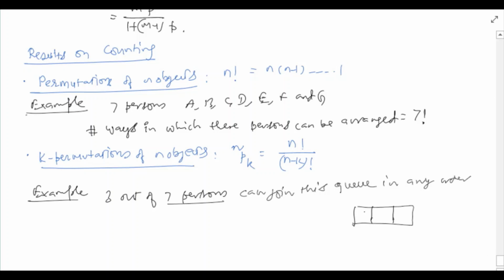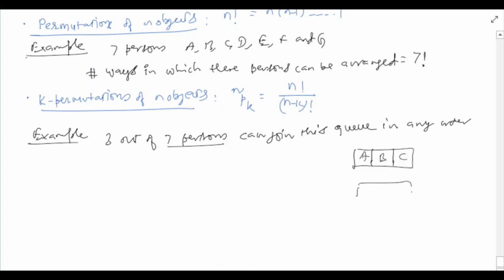So this queue may look like A, B, C or B, A, C or D, E, F. Right? So each of these we call a queue configuration.